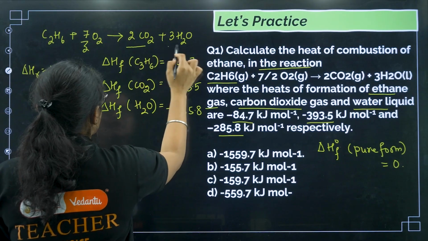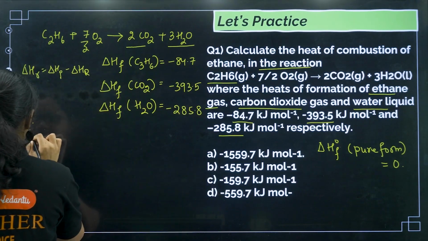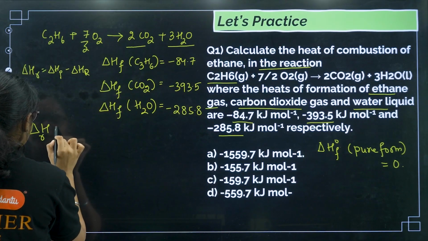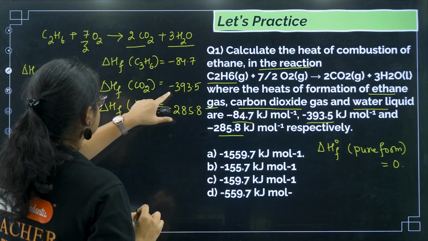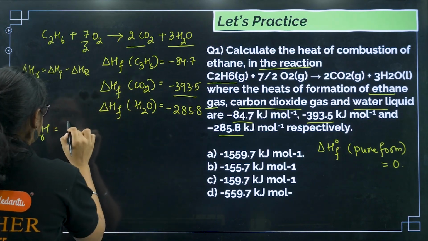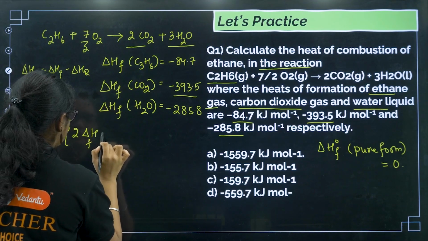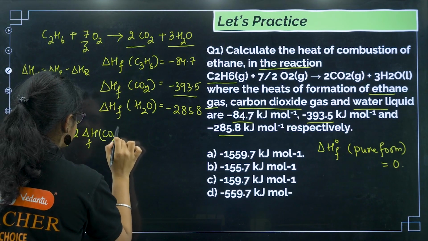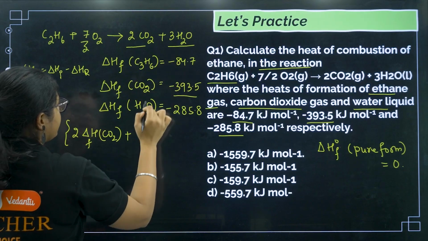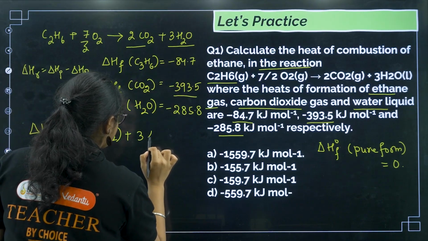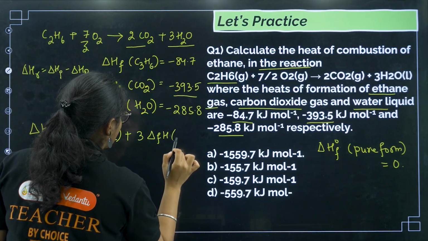So what are the products here? Carbon dioxide and water. So delta H of reaction will be 2 times the enthalpy of formation of carbon dioxide plus 3 times delta HF of water.